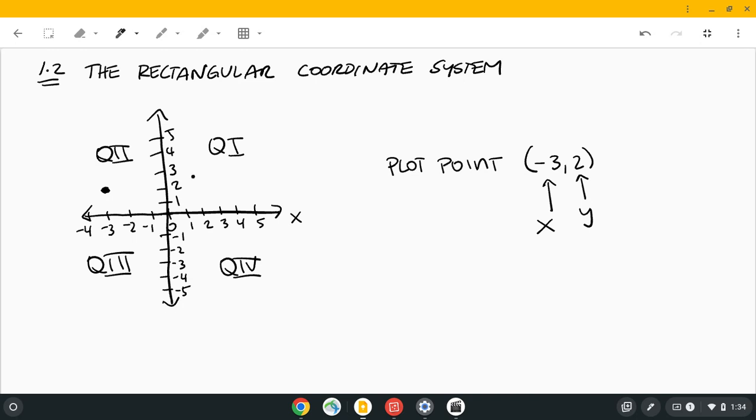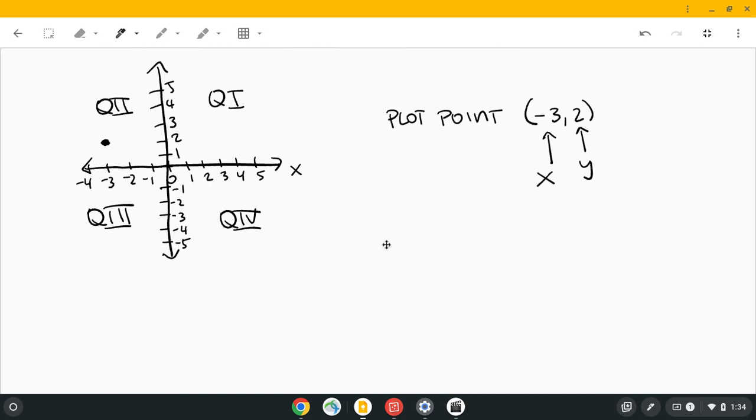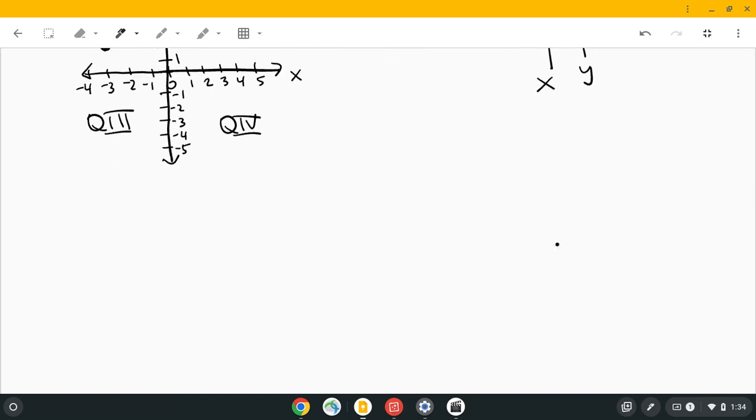And then same thing with the y values. Over here, the y values are positive. Over here, the y values are negative. And over here, the y values are negative. And up here, the y values are positive. Okay. All right, so let's go over the distance formula.